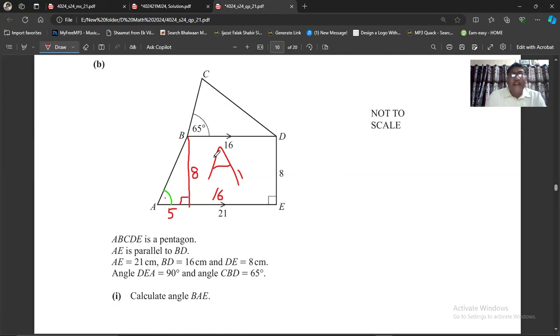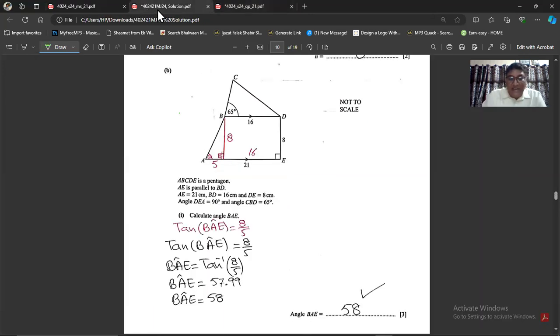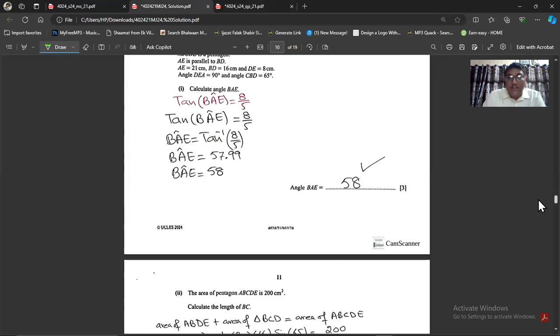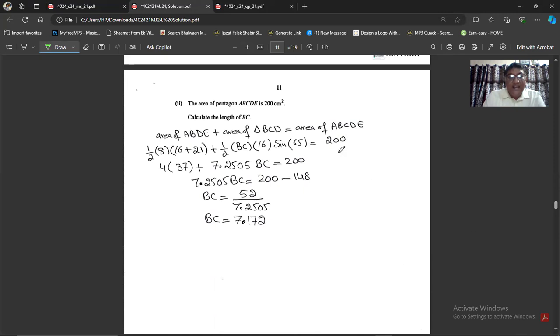You know how to find the area of the trapezium? 1 by 2 into the height into the sum of the parallel sides. Here the height of the trapezium is 8 and the parallel sides, one is 16, the other one is 21. So I will find the area of the trapezium and then from the area of the pentagon, I will subtract the area of the trapezium.